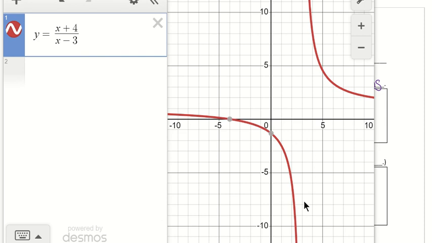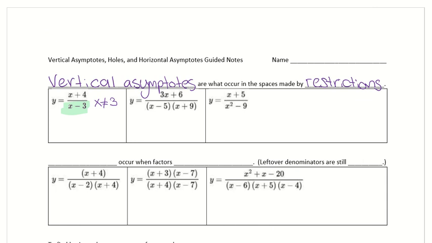Remember, our asymptote is the name of those guidelines we use. So even though that's a restricted value, we can also say that there is a vertical asymptote there, that there is a guideline there. So if we go back to our notes, we can say there is a restriction at 3 because what's happening there is a vertical asymptote at x equals 3.